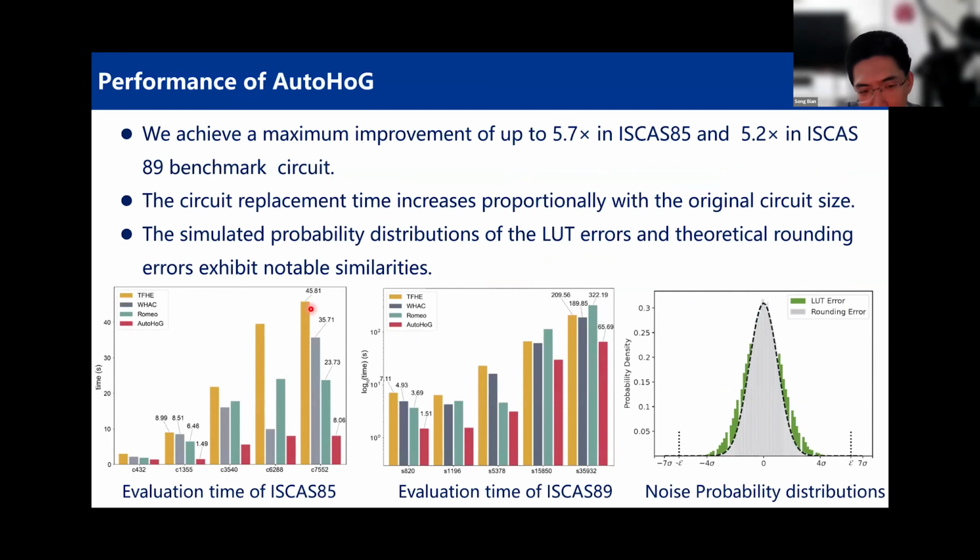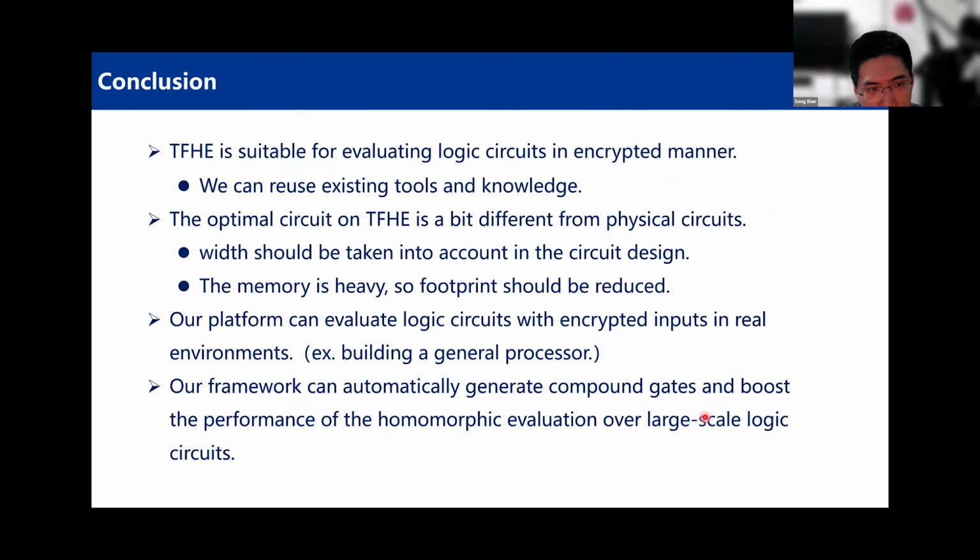Compared to plain AND/OR simple gates, we can sometimes achieve 6 to 7 times faster on standard benchmark circuits. We also analyzed our error to ensure that the decryption failure probability is reasonable. So that's about the second part.